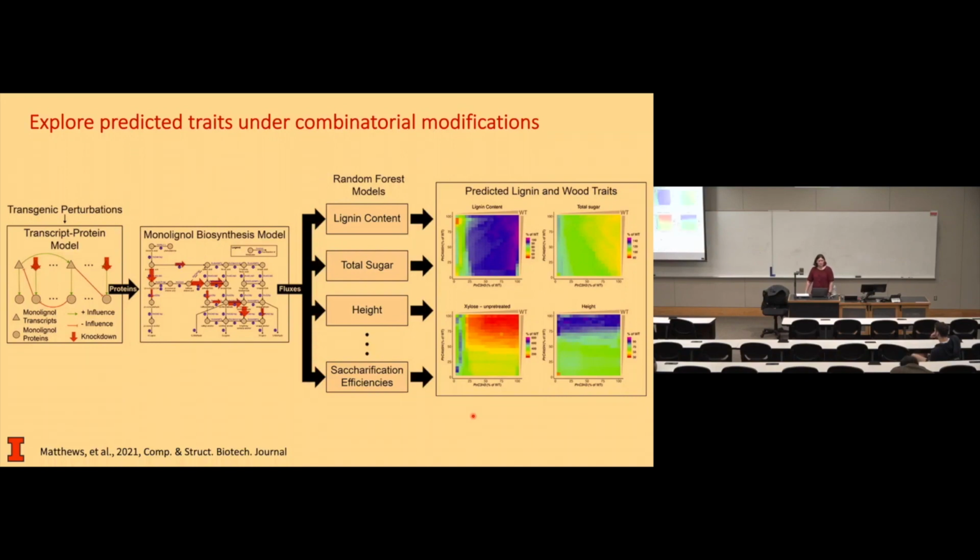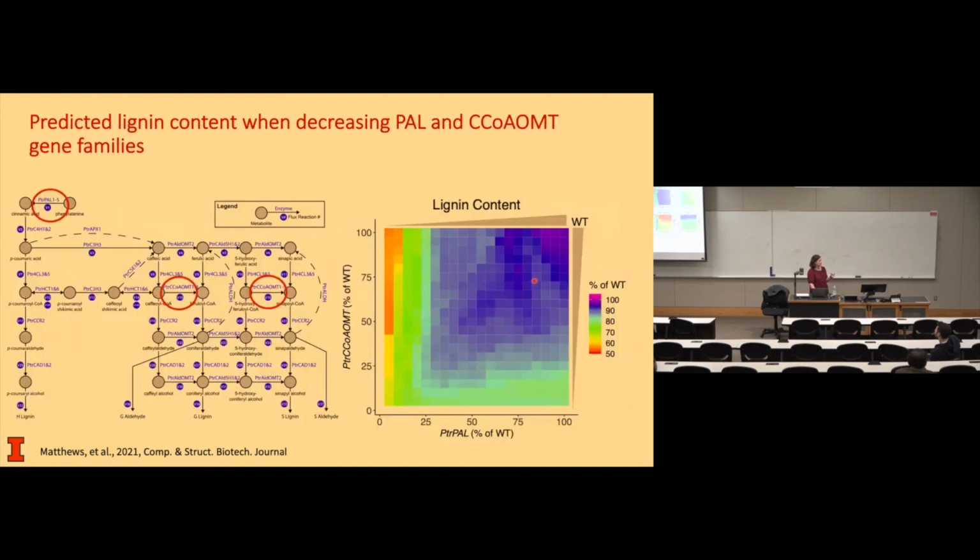Okay. So the goal of this is to use this full model now to make predictions to identify how making changes to the amounts of RNAs for different genes is going to change our predicted lignin and wood traits.